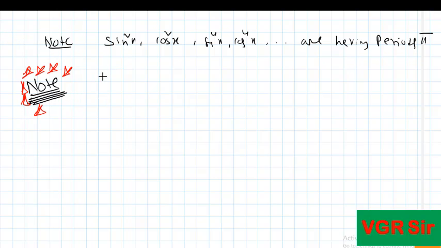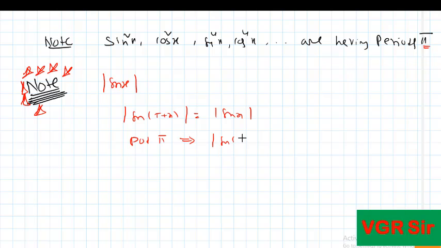Sin square x is given. Mod sin x is given, we want to find its period. I can say the period of mod sin x is also pi only. Don't think it is 2 pi, it is pi only. I will show you. Sin of (t plus x) equal to mod of sin x. Put t equal to pi instead of 2 pi. 2 pi will satisfy obviously, we need to check for pi.